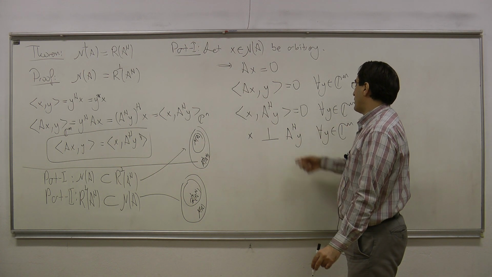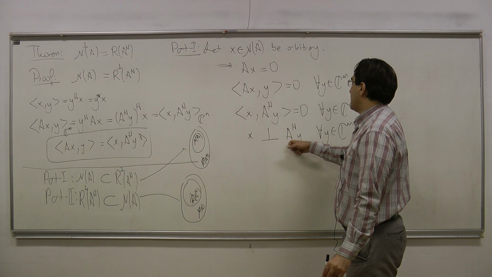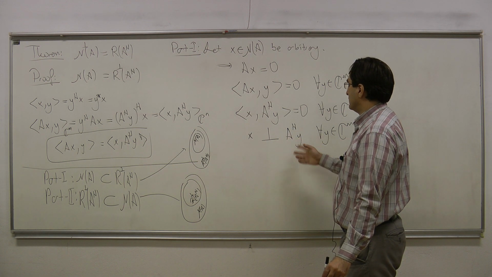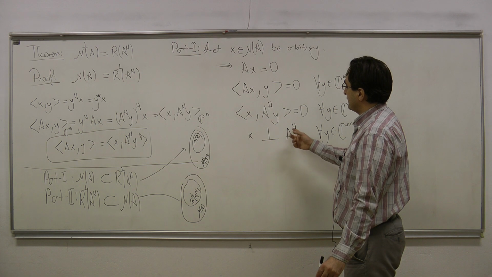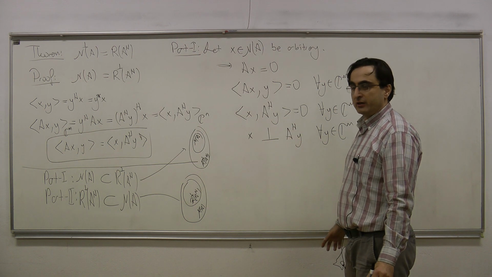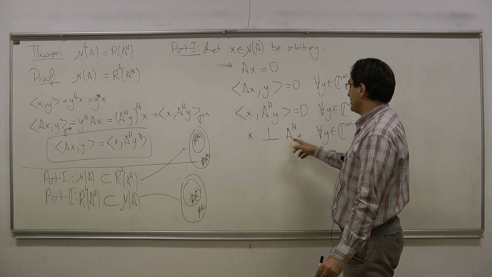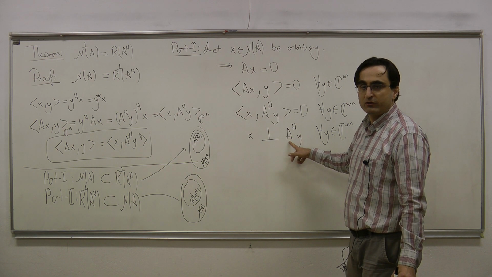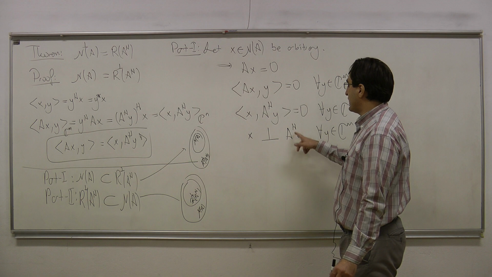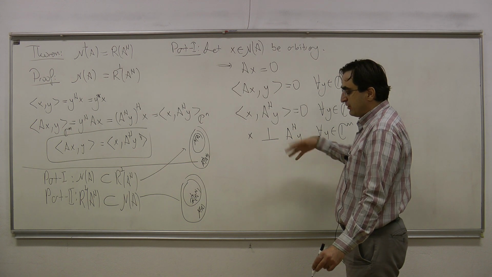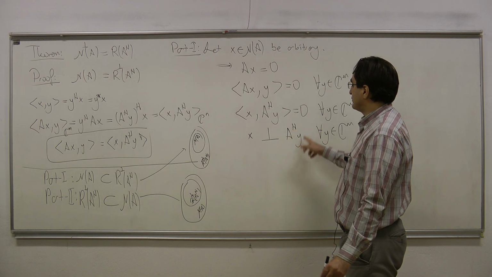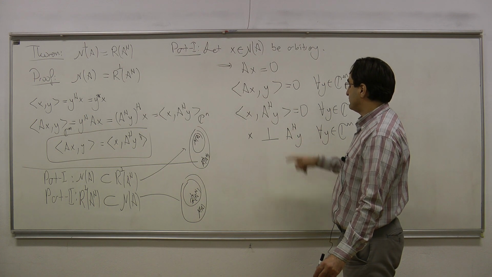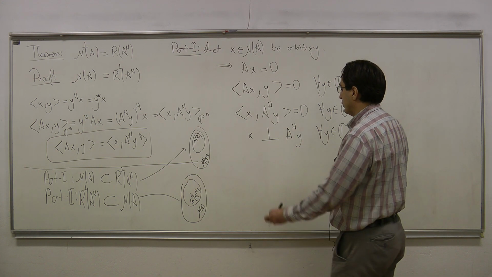But what does this really mean? A Hermitian y is a matrix vector multiplication, and that means that I'm taking a linear combination of columns of A Hermitian. So the vector A Hermitian y, if I change y, I would obtain an arbitrary vector inside range space of A Hermitian.